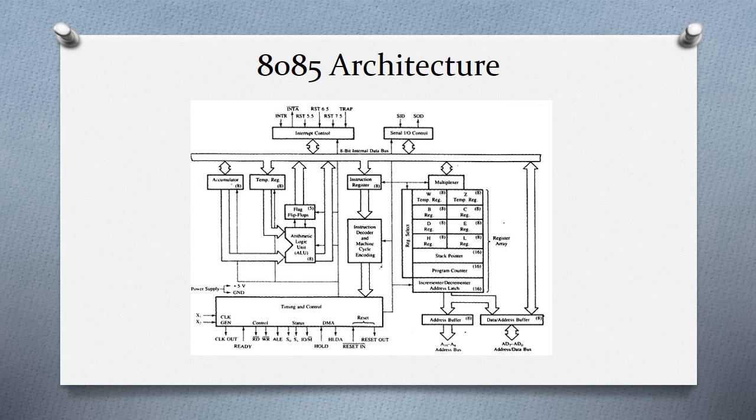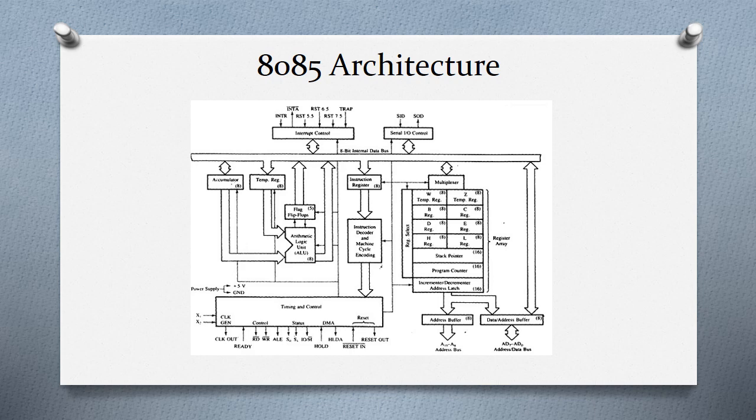You can also see the arithmetic logic unit. 8-bit content from the accumulator and 8-bit content from the temporary register come in, and after the execution the 8-bit data is stored back into a register or into the accumulator.